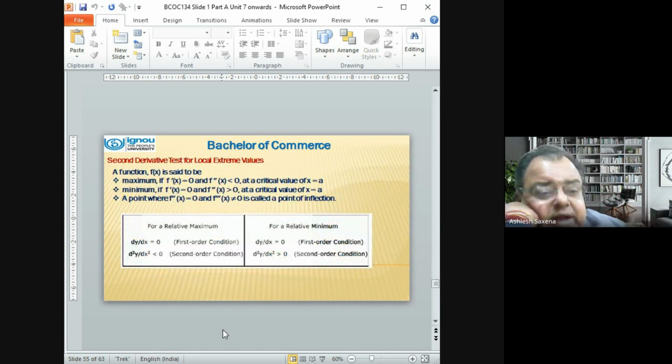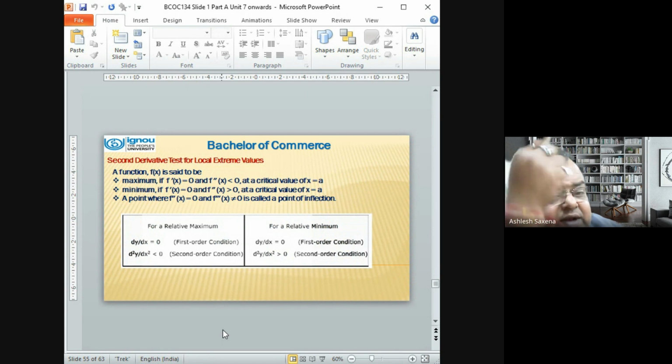Now comes the second derivative test for the local extreme values. A function f(x) is said to be maximum if f dash x is equal to 0 and f double dash x is less than 0 at a critical value of x is equal to a.